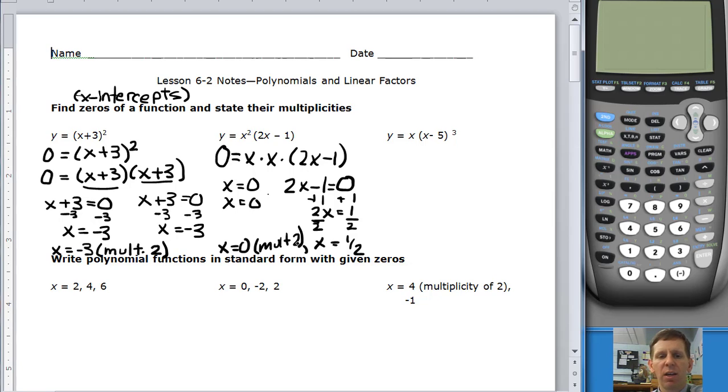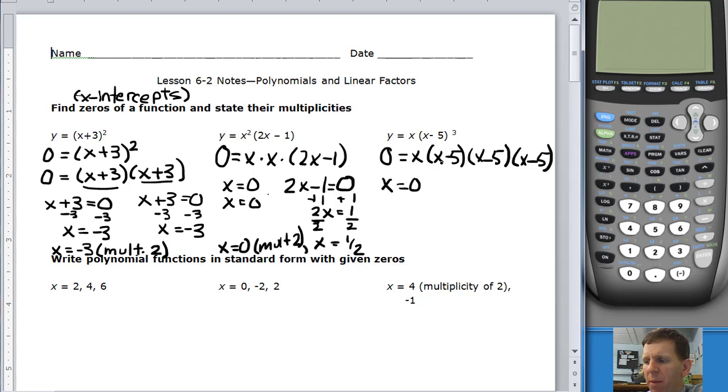There's three answers altogether, but two of them are zeros, so we just say there's a multiplicity of 2. In our last problem, to find the zeros, we're going to plug in 0 for y. We have x times x minus 5 three times: x minus 5, x minus 5, x minus 5. Again, to get 0, we're going to try to make each of these things equal to 0. If it's just an x, x equals 0 is one answer.